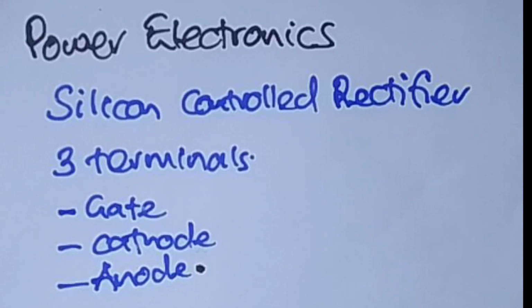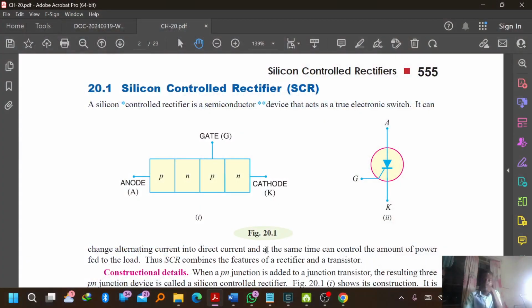As you can see, this SCR is a 3-terminal device, the anode and the cathode. First of all, you need to know that it is a PN device made up of 3 junctions.